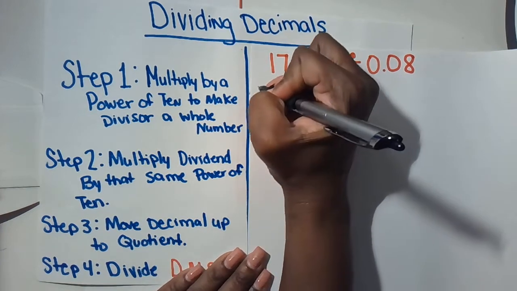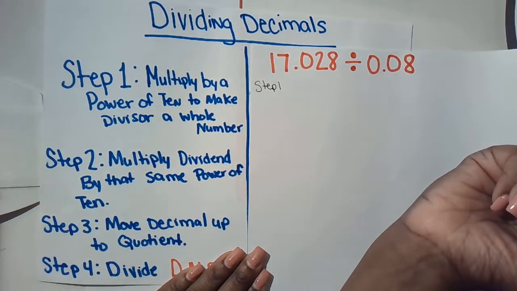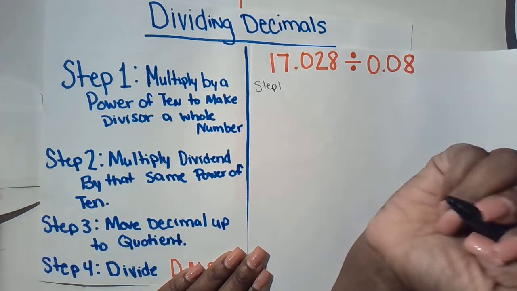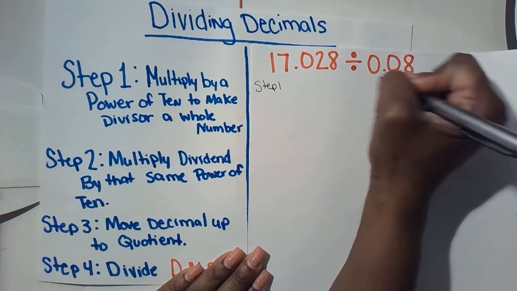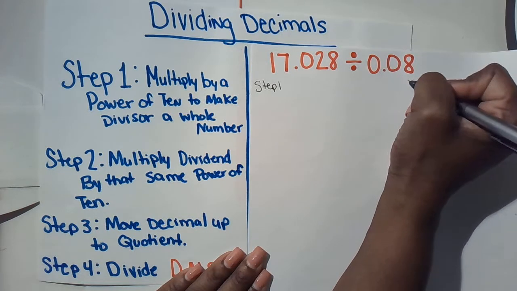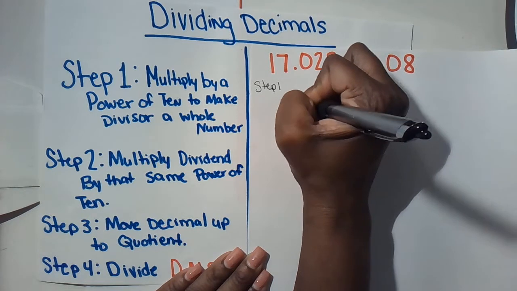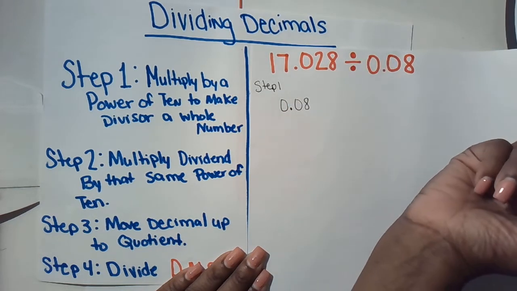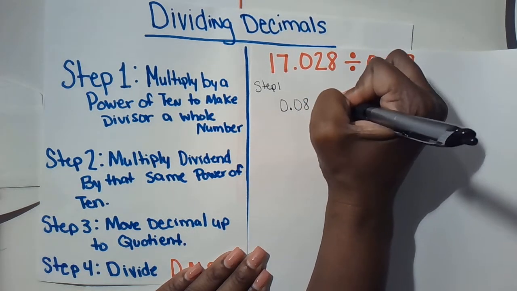Let's follow our steps. Step 1 says multiply by a power of 10 to make our divisor a whole number. Remember, our divisor is the number that we are dividing by. So right now we have 8 hundredths. If I wanted to make this a whole number, I would need to multiply it by a power of 10.